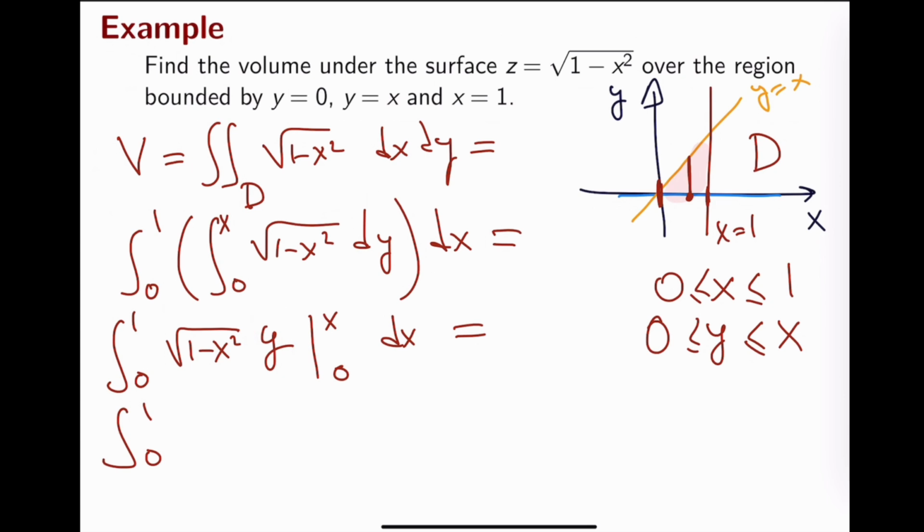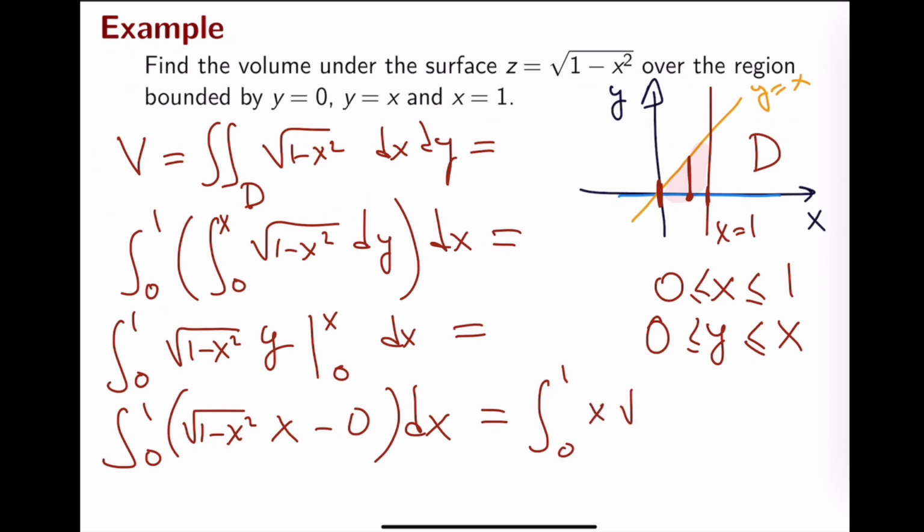Remember that the variable is y. So this will be root of 1 minus x squared times x minus 0, dx. So the function that we have to integrate, from 0 to 1, is x times the square root of 1 minus x squared dx.